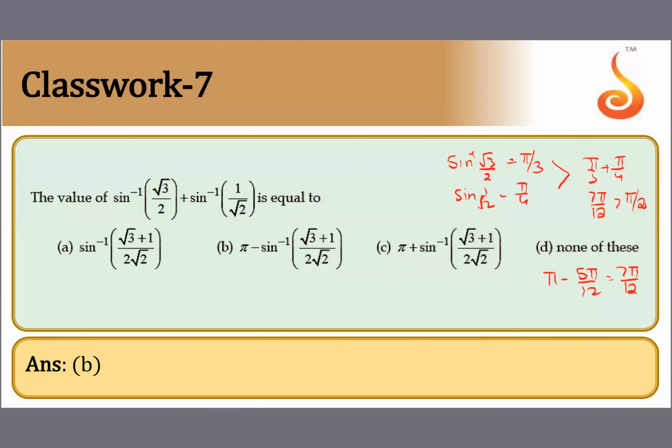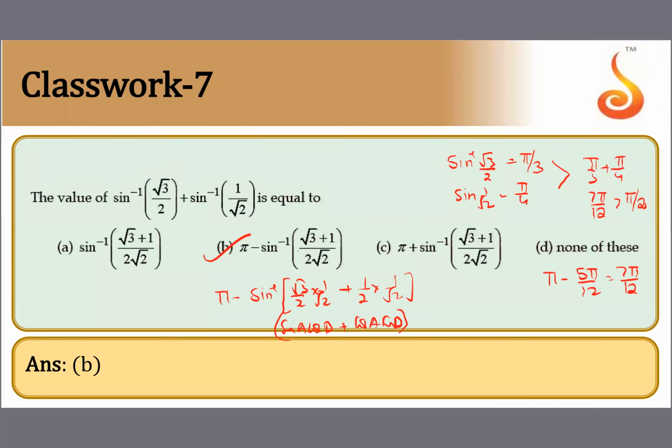So you have to write pi minus sine inverse of root 3 by 2 plus this will come. Option B. How it works? I'll show you. Sine inverse of root 3 by 2 into 1 by root 2 plus 1 by 2 into 1 by root 2. It is sine A cos B plus cos A sine B. Why am I taking pi minus?